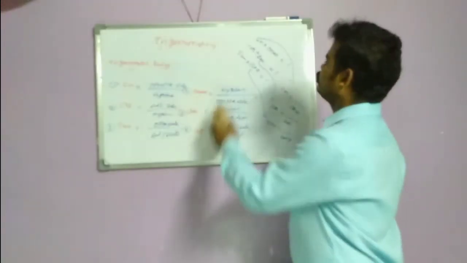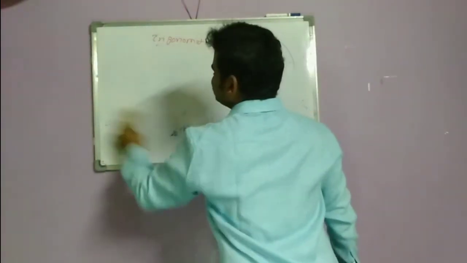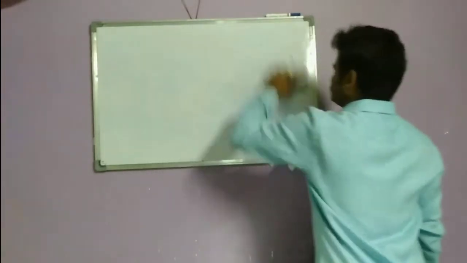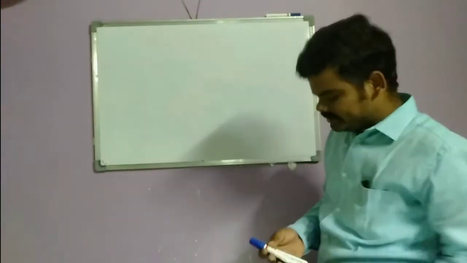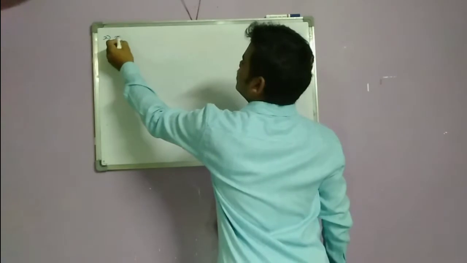Now, our second topic is trigonometric ratios with some specific angles. This is a very important table we can derive here.